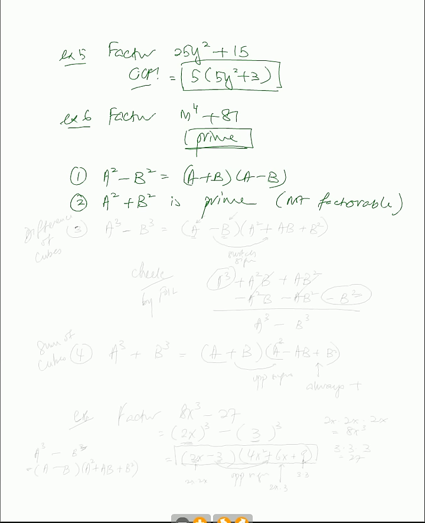Okay, there's two other formulas that you need to remember. What happens if this was a cube? If this was a cubed minus b cubed, can this factor? And the answer is yes. Following the operation over here is going to be a minus b, and what you need to remember is square the first one, that means it's a squared.